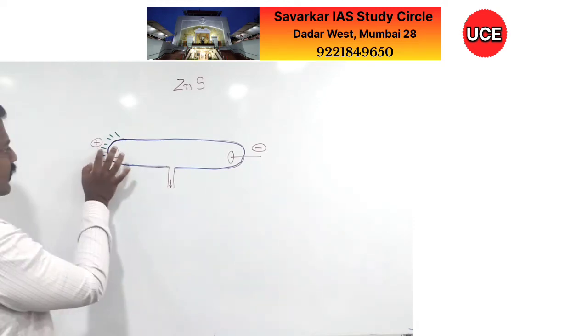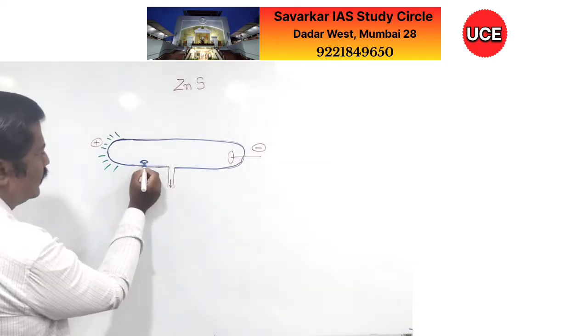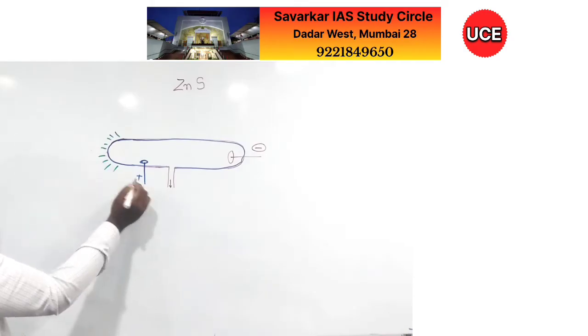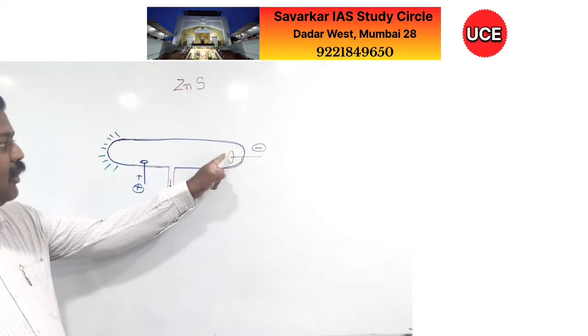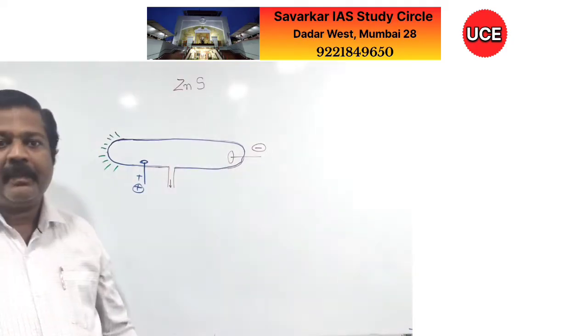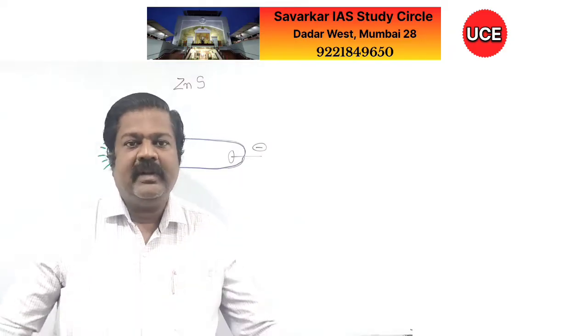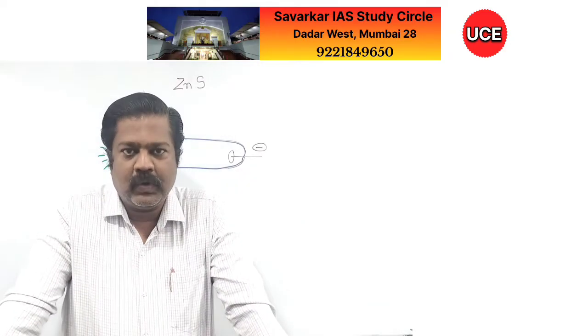Now they changed the location of the anode. They placed the anode here now. This is now the anode. They changed the direction of the anode. Still they observed radiations going perpendicular to the surface of the cathode. That means it was very clear that radiations were emitted by the cathode.